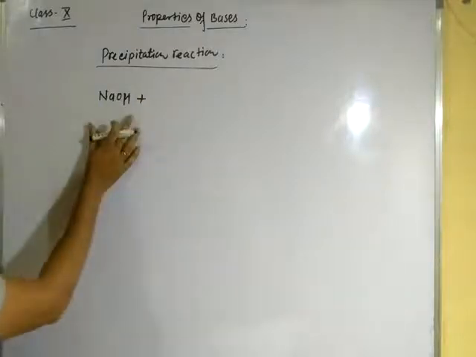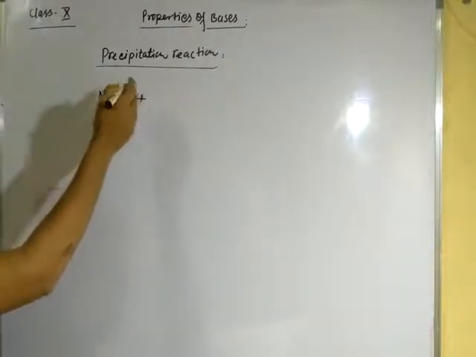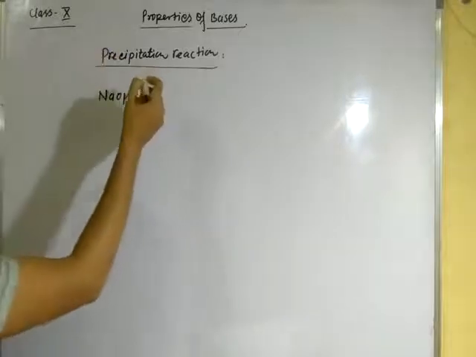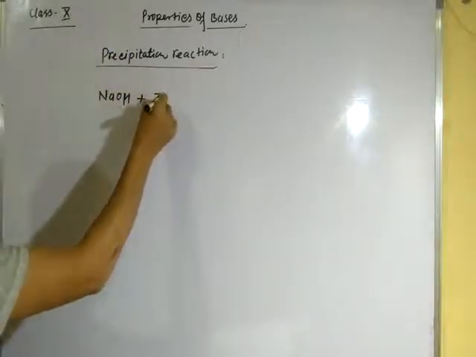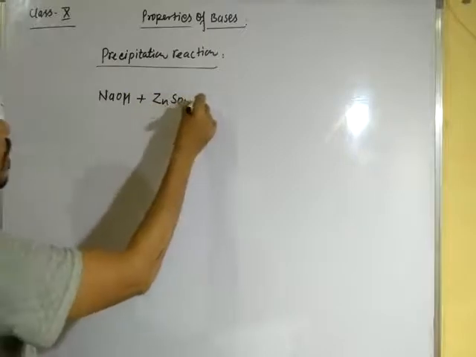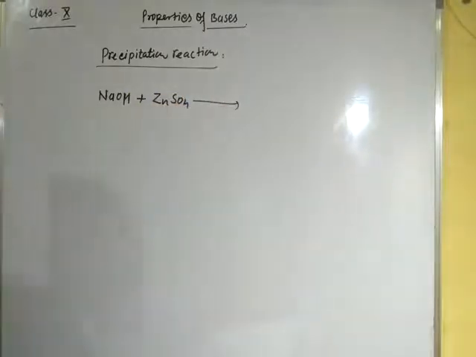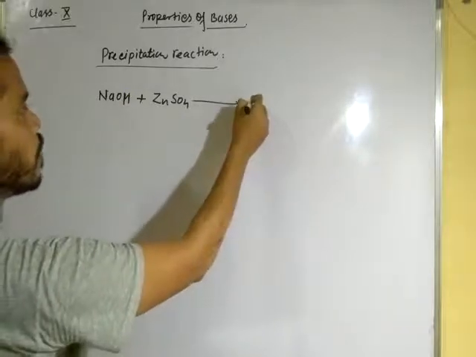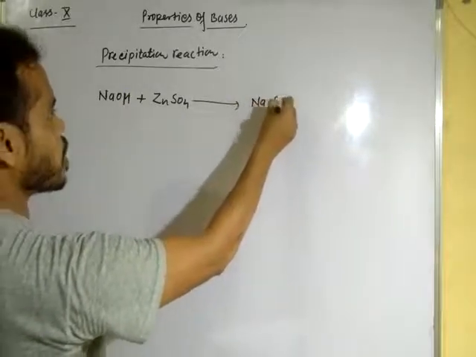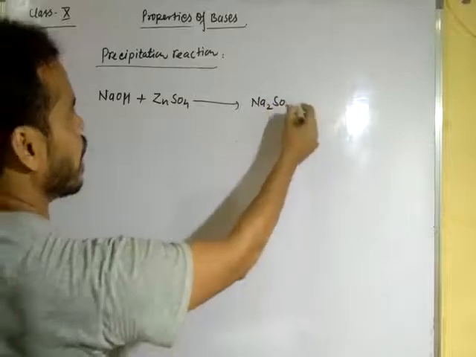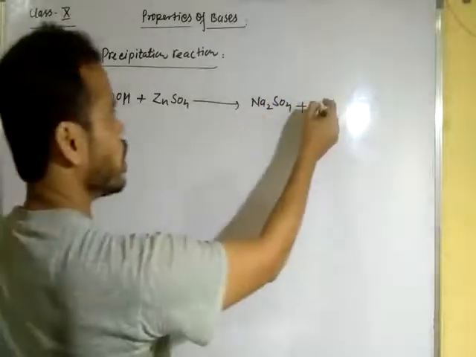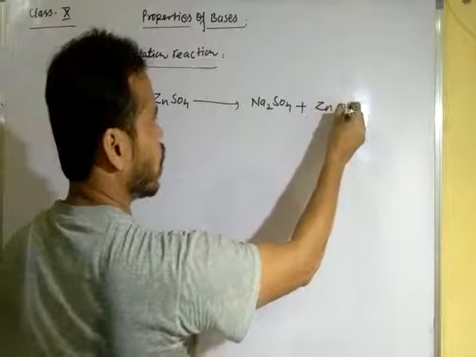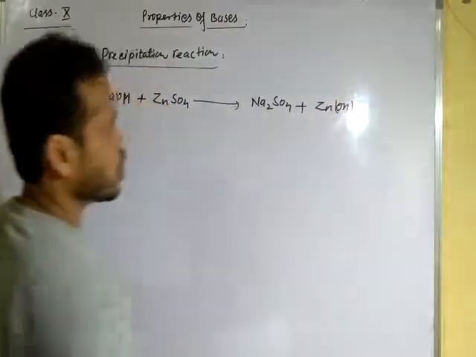Suppose sodium hydroxide is treated with copper sulfate or zinc sulfate. In aqueous medium, it forms sodium sulfate, Na2SO4, and zinc hydroxide, Zn(OH)2.